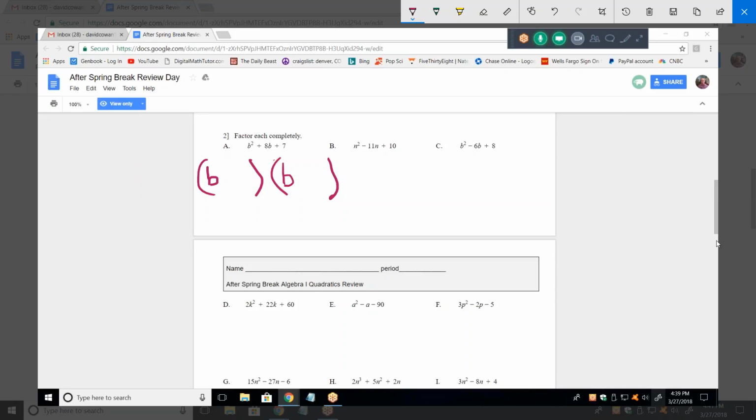There's only one way you can produce that plus number and also have a plus middle term: they both have to be positive. The fact that it's plus 7 means they both have to be the same, so they're either negative, negative, or positive, positive. You look to the middle term, that's a plus, therefore it's plus, plus.